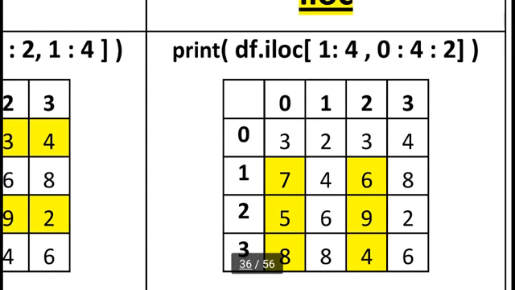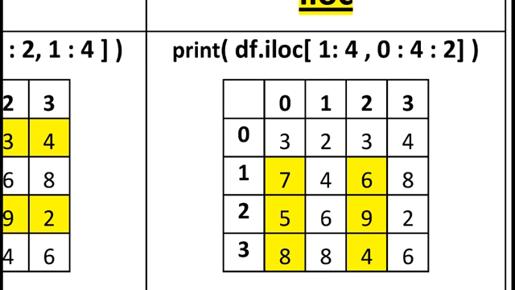Here I am mentioning 1 colon 4. So the output is 7 4 6 8, 5 6 9 2, 8 8 4 6. But here I am mentioning comma 0 colon 4. So for the selected rows, the columns are 7 5 8 4, 6 2 6 9, 4 8 2 6.